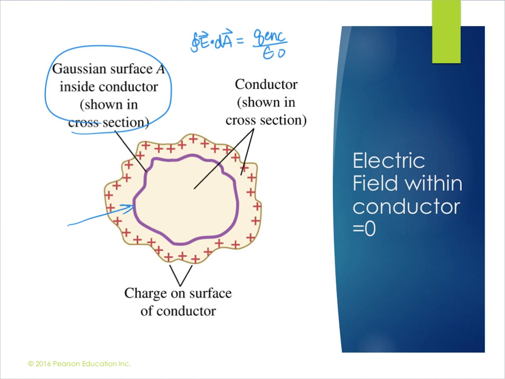But when we look at the right-hand side of Gauss's law and ask how much charge is inside that purple circle, we say, nothing. There's no charge enclosed, and so we are left with E dot dA equal to 0. A is not equal to 0, which means that the electric field has to be 0. So the fact that all the charge goes on the surface follows up with the fact that the electric field inside the conductor has to be 0.